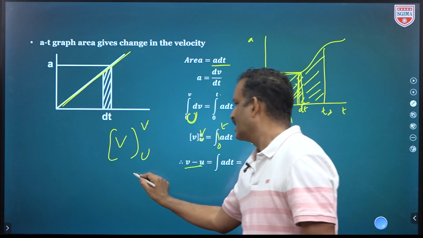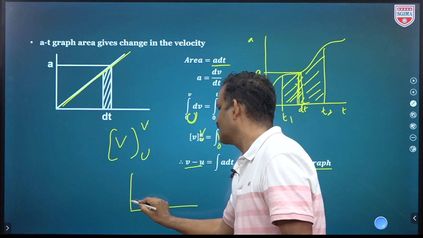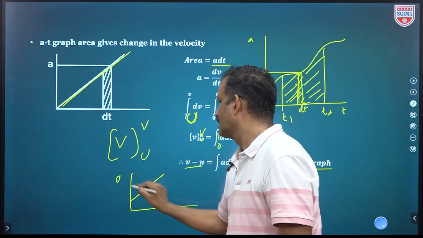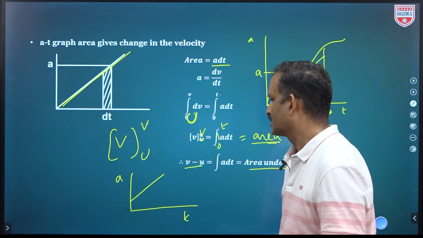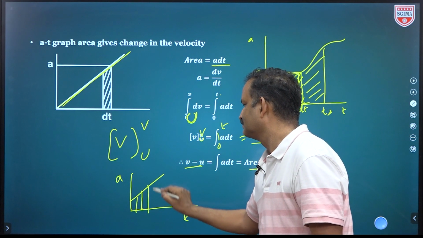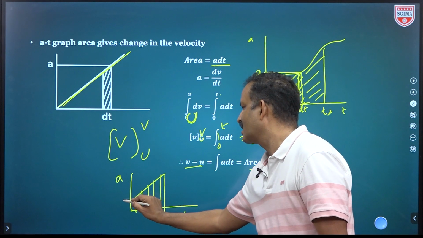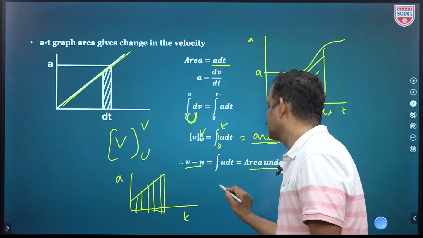Suppose the AT graph is given here in this way. If you calculate this area, it gives the change in the velocity.